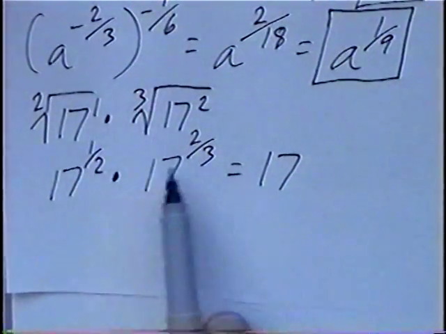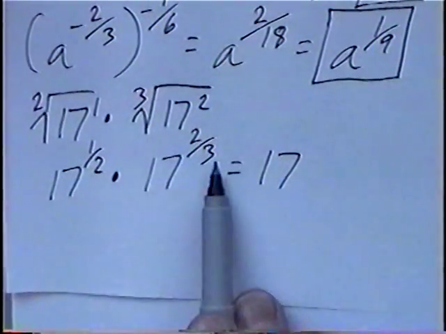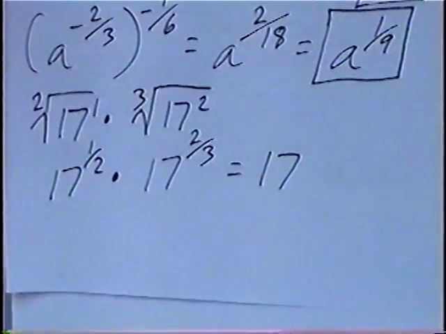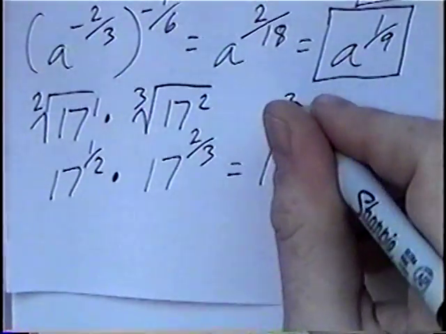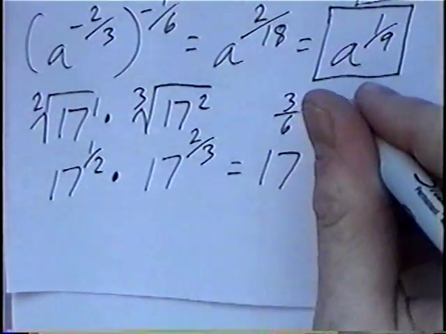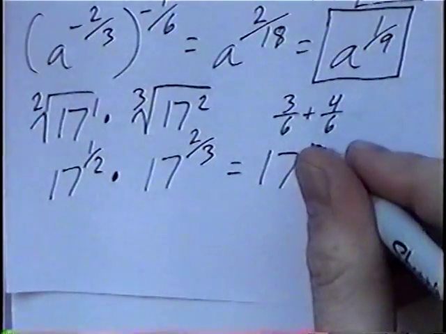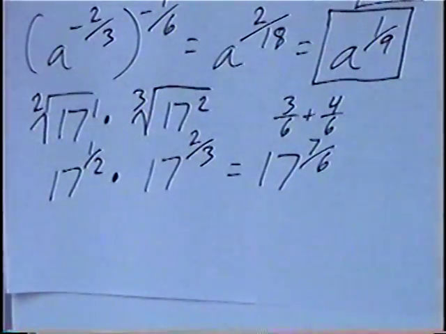And adding the exponents, 1/2 plus 2/3. If you change those to common denominators, which will be a 6, 1/2 would be the same as 3 over 6, and 2/3 would be the same as 4 over 6. So 3 over 6 plus 4 over 6 would be 7 over 6.